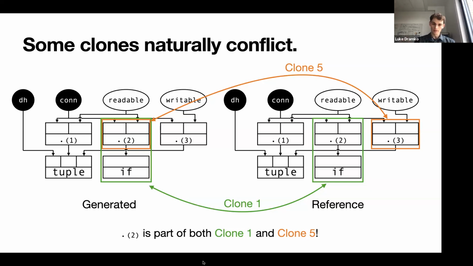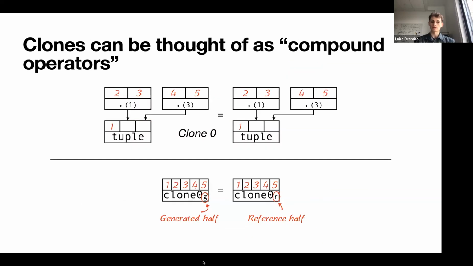Now, a useful thing to think about when you have clones is that you can think of clones as compound operators. I hesitate to use the term function because function is kind of overloaded in this context, but you can think of them as their own mini function as well. And the arguments to a clone are all the incoming data flow edges to that clone.